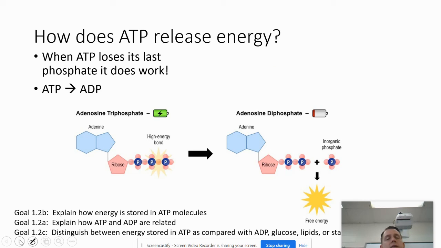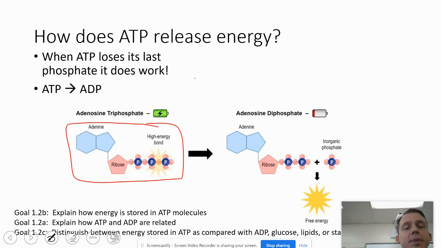All right, so how does ATP release energy? Well, when ATP loses its last phosphate, that is when the work is done. So here is ATP. Think about ATP like a fully charged battery. Lots of energy there. When that last phosphate is removed, so let's say you start moving your muscles, that means that ATP is going to lose its last phosphate.